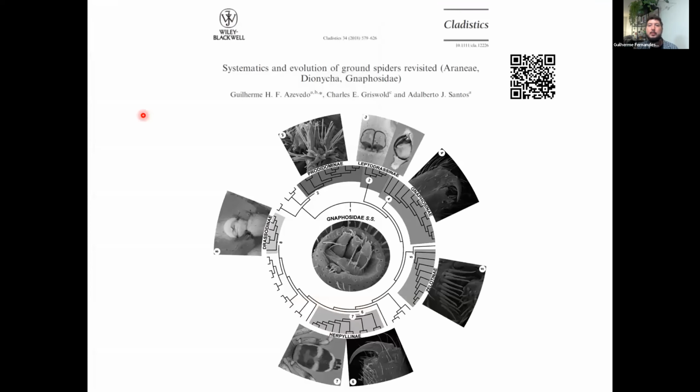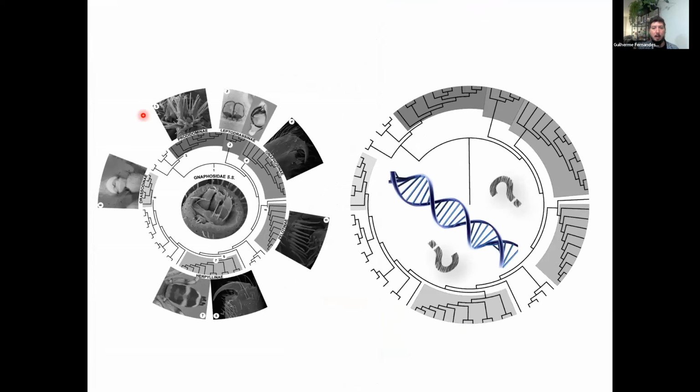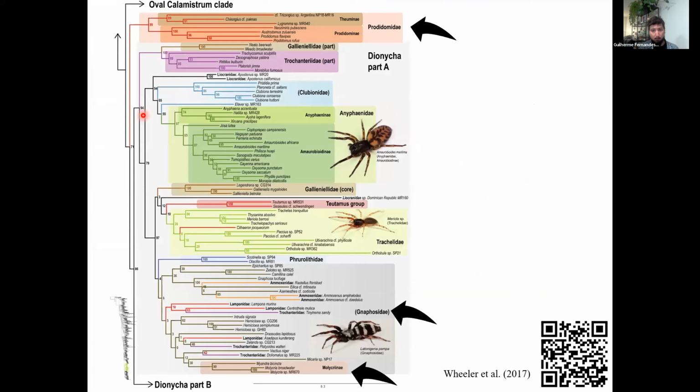And so this result was published in a paper in 2018. But then we were interested in how molecules could tell us about the evolution of gnaphosoids, because the paper by Wheeler et al. shows a completely different topology.